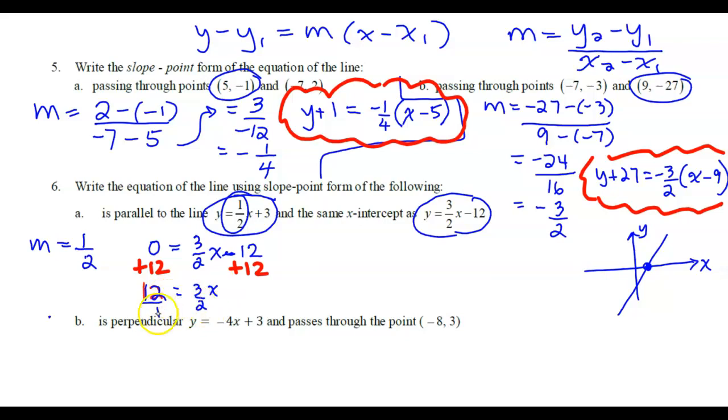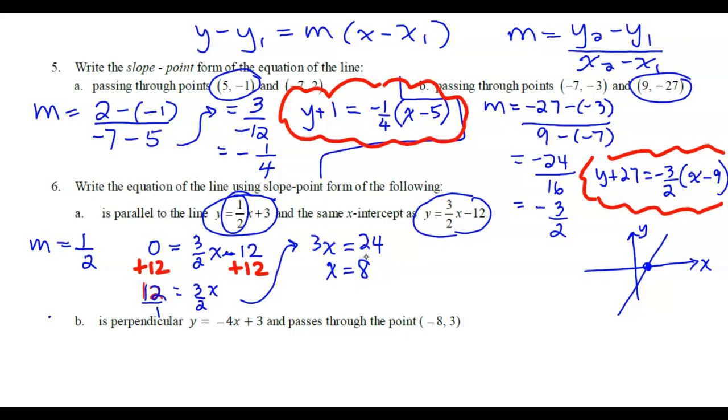And so that would be 1 times 3x is 3x. 12 times 2 is 24. So x equals 8. Okay. Or you could take 12 and divide by 3 over 2, which gives you 8 anyway.